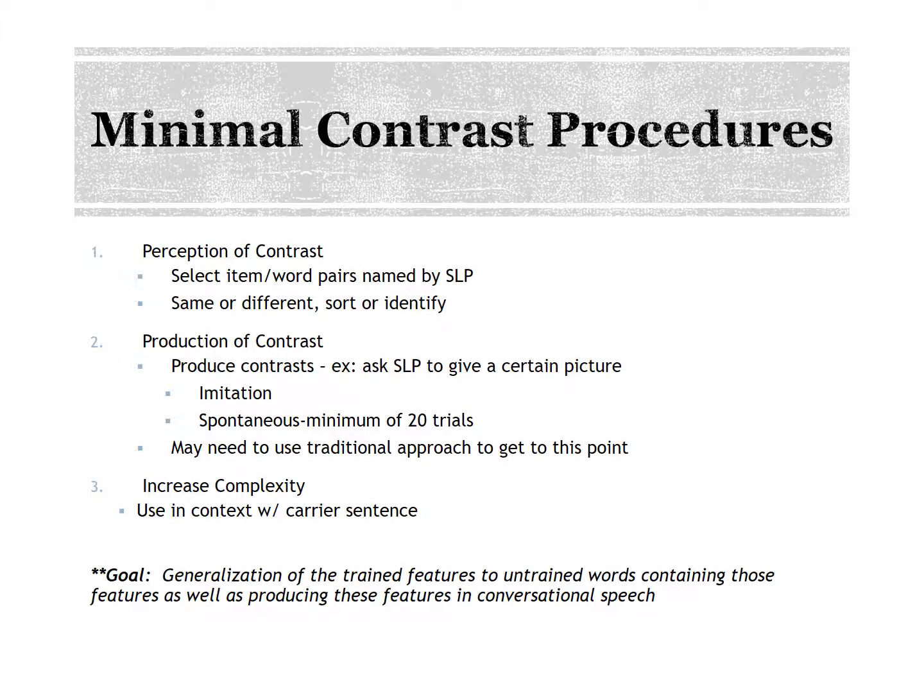So overall, in summary, the goal is generalization. Here, generalization of the trained features to untrained words containing those same features is what we're really trying to get, as well as producing these features in conversational speech.